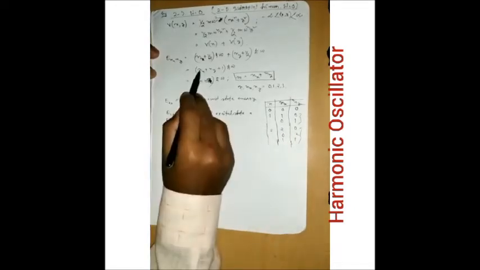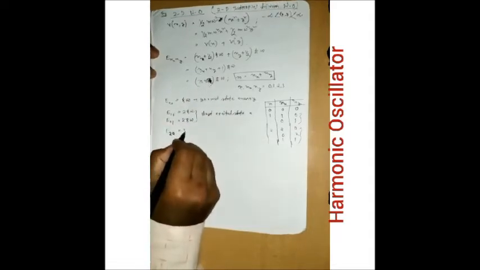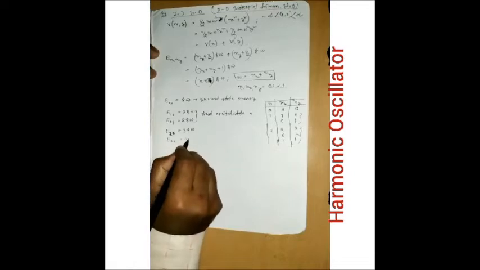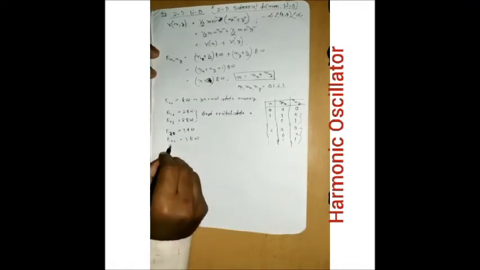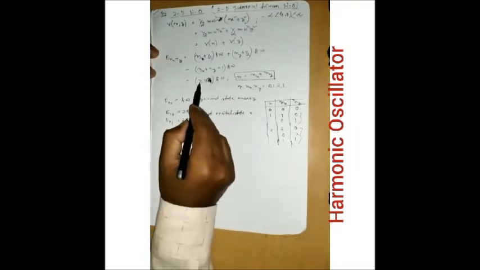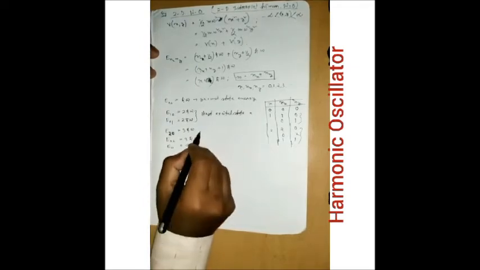So nx equal to 2, ny equal to 0, or simply you put n equal to 2, you will get 3 a squared omega. Or E02, again you will get 3 a squared omega. Or E11, that means nx and ny both are 1, with n equal to 2, so you will get 3 a squared omega. All three eigenvalues are the same.